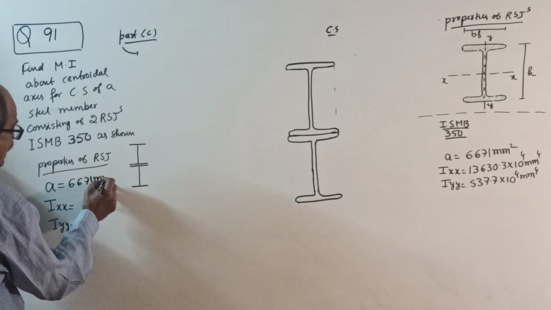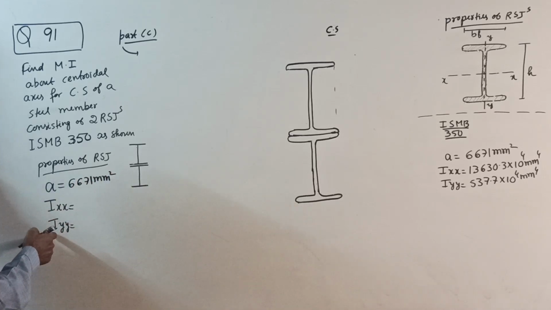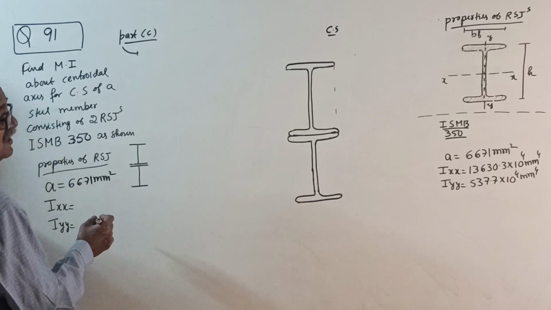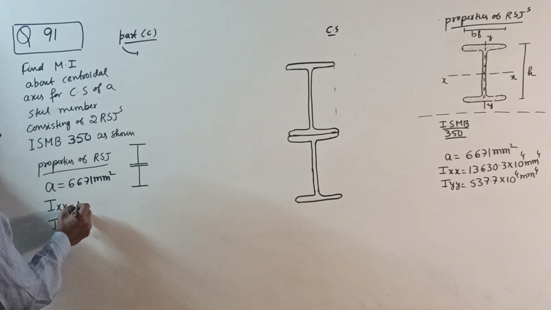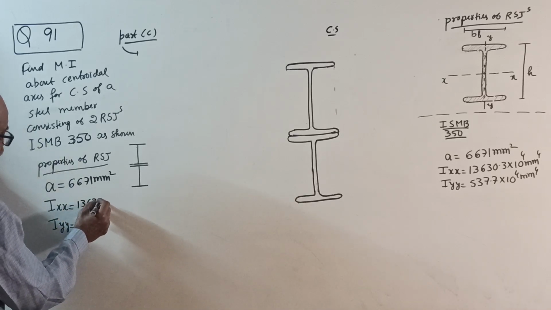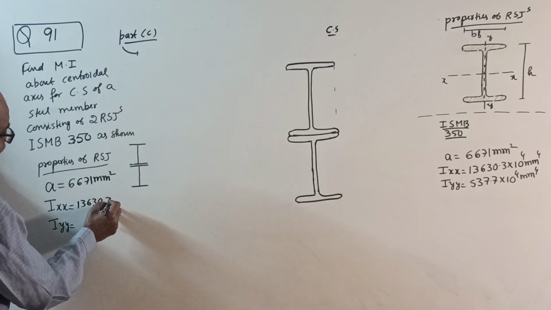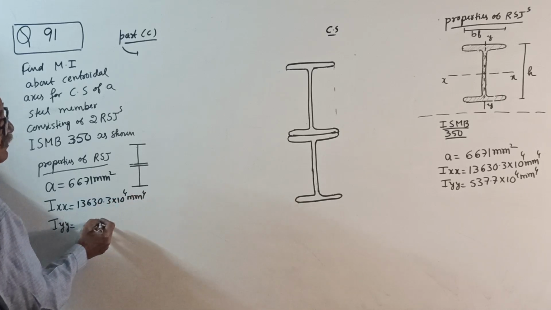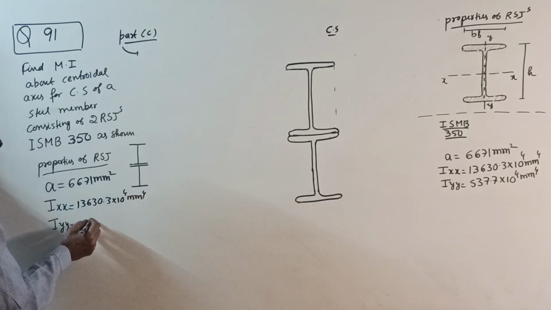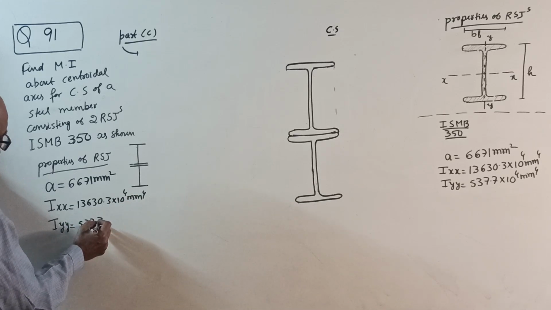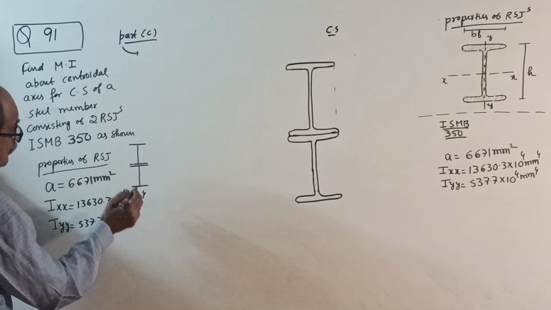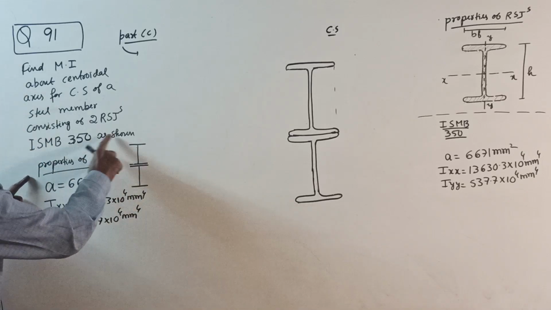I told you, these you get from the IS handbook or steel tables. Ixx is 13630.3 × 10^4 mm^4, and Iyy is 537.7 × 10^4 mm^4. This is the question, and these data are given.